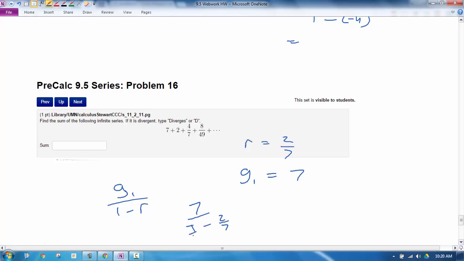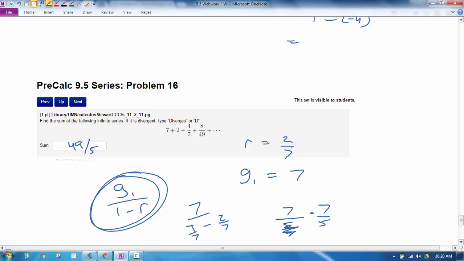Let's make this 7 over 7. So this would be 7 divided by 5/7, so multiply by 7 over 5 instead, and you get 49/5 as your answer. That's going to be the easiest way to do these, and this only works for when our r value is between -1 and 1.